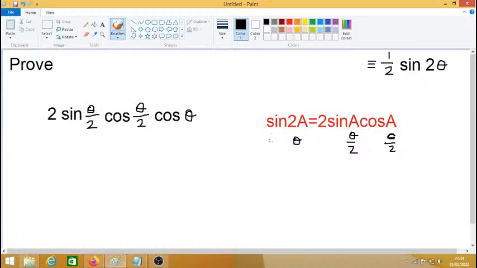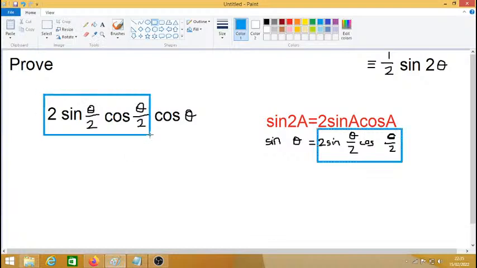So my identity is going to be sine theta is equal to 2 sine theta over 2 times cos of theta over 2. That's just filling in the sine 2a formula with theta over 2 as our angle for a. And now if we compare, this bit here matches this bit here.